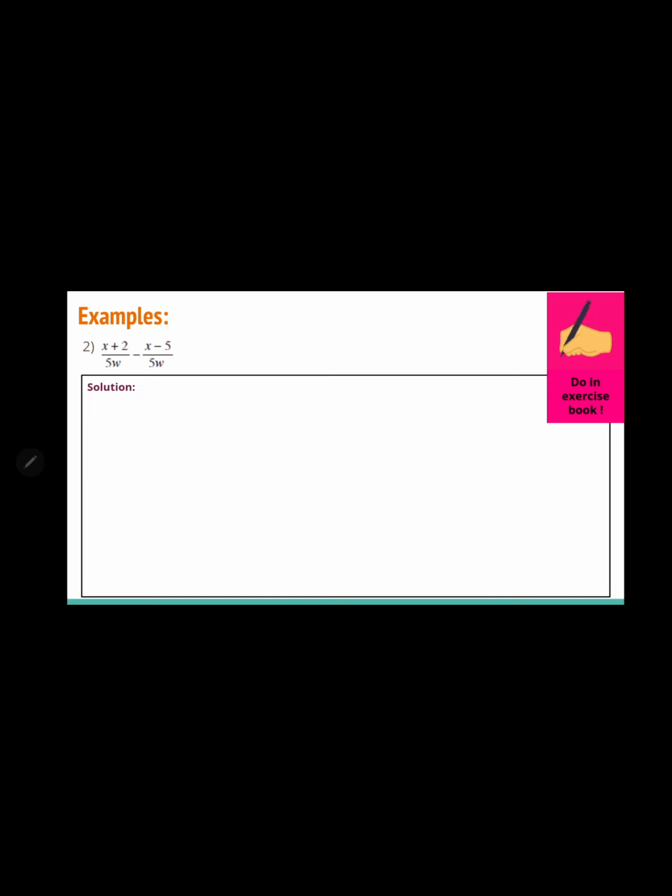Example 2 now. Let us see. Same here, we have a fraction, and the denominators have the same value, so no problem. You copy the question just like the previous one. 5w, same denominator, we just write it once. Now x plus 2.